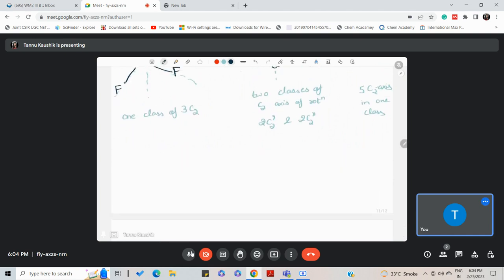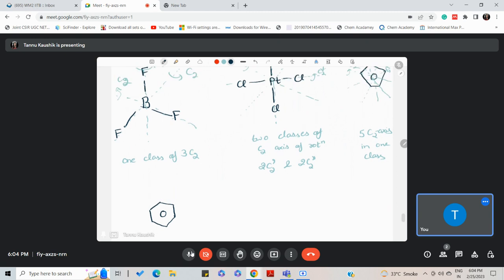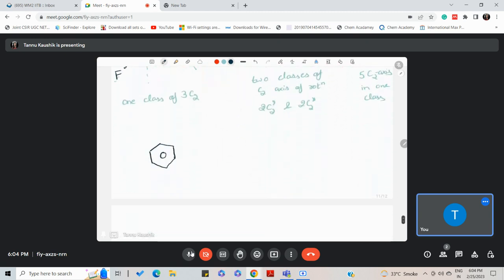And if we take an example of benzene, so here we have one C2 axis passing through opposite carbon atoms of the ring, and one C2 axis is cutting the carbon-carbon bonds. So there are two types of C2 axes.